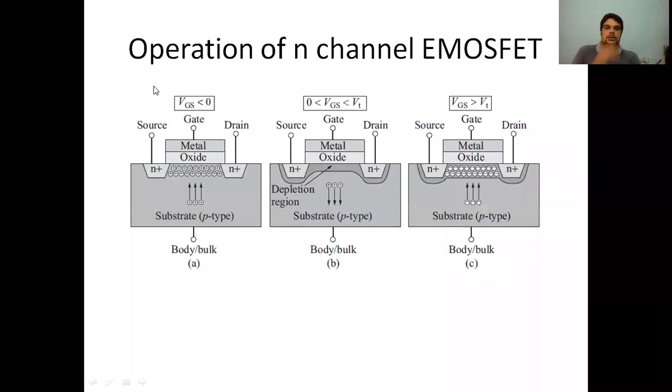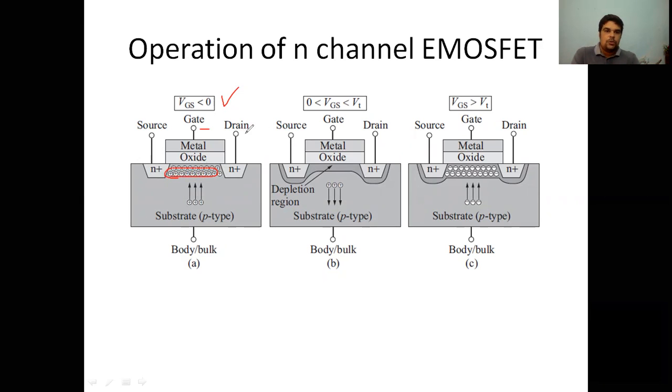Now let us start with the working of MOSFET. So we will study the working of an N-channel enhancement MOSFET. Okay, so in this case, you can easily see that when VGS is less than 0, positive holes will accumulate here.